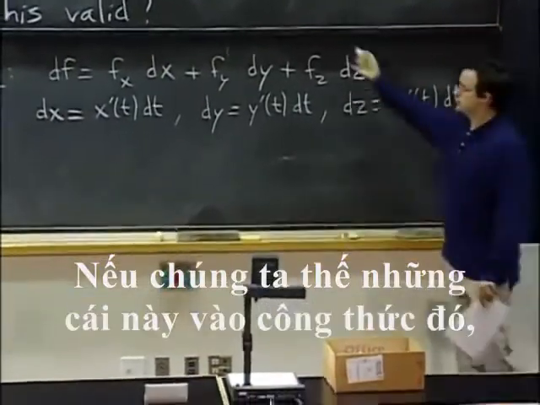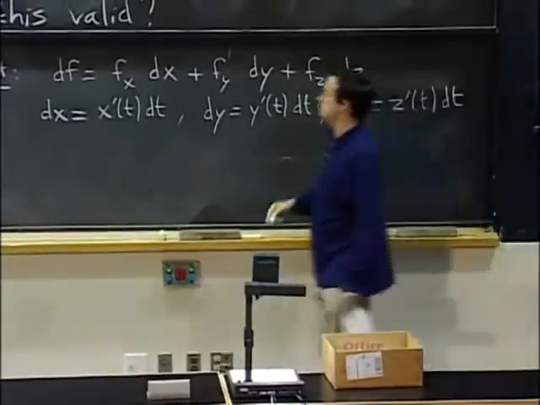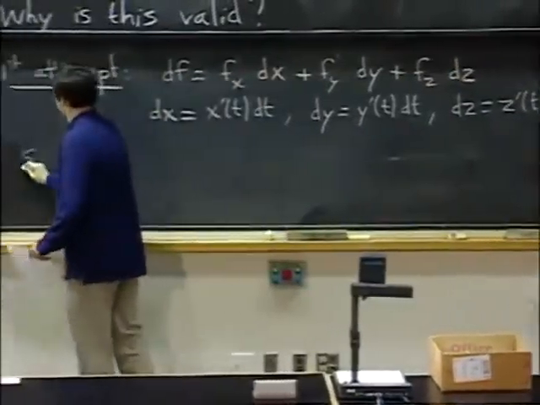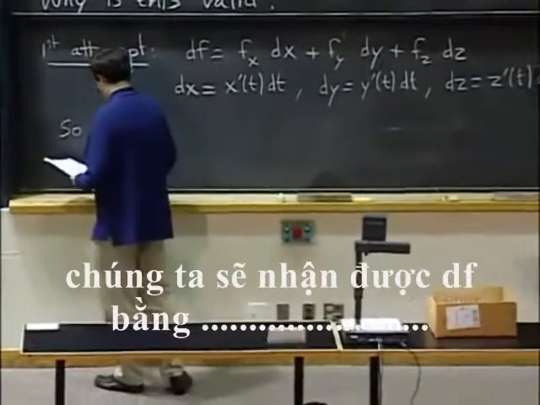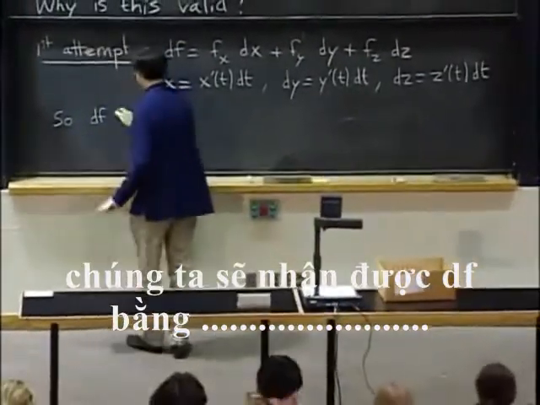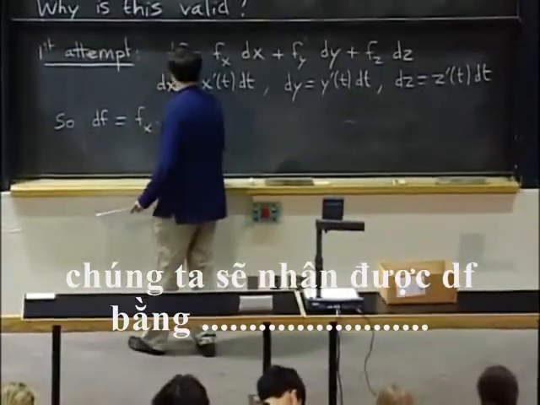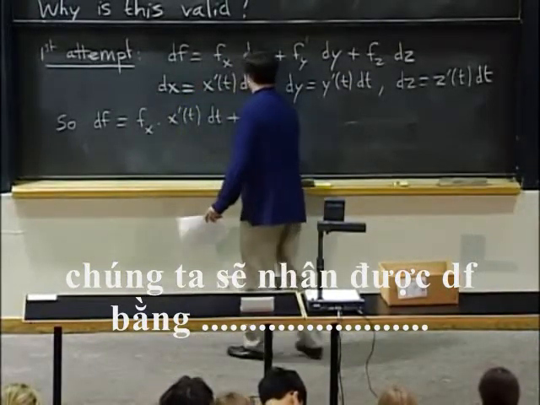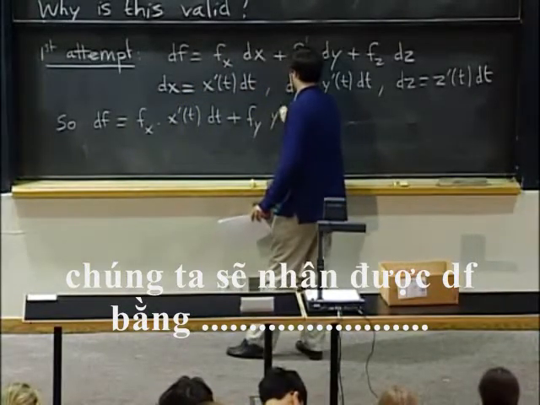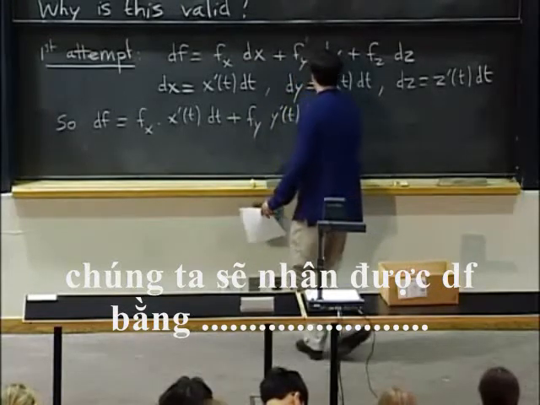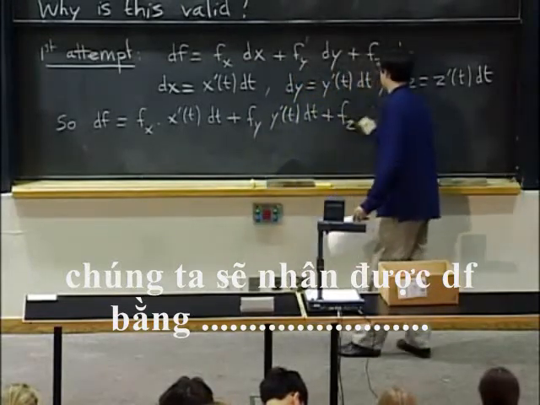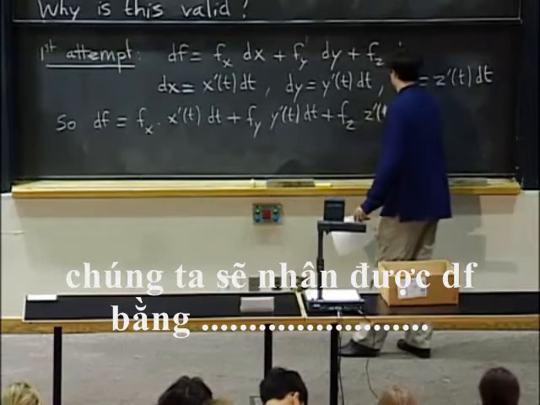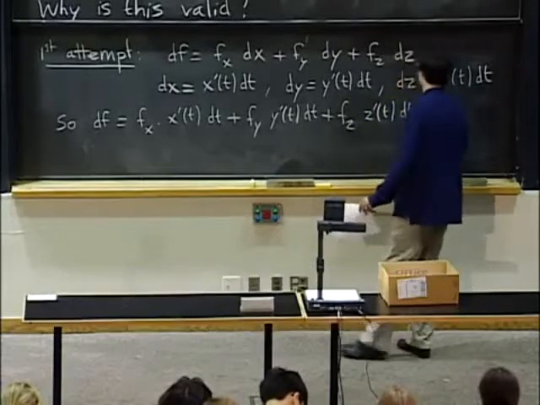So if we plug these into that formula, we'll get that df is f sub x times x prime of t dt plus f sub y, y prime of t dt plus f sub z, z prime of t dt.